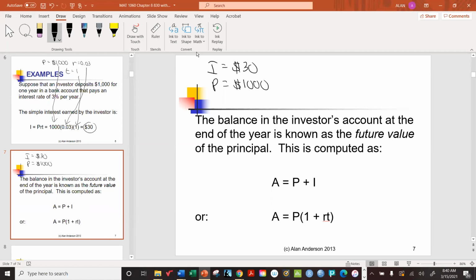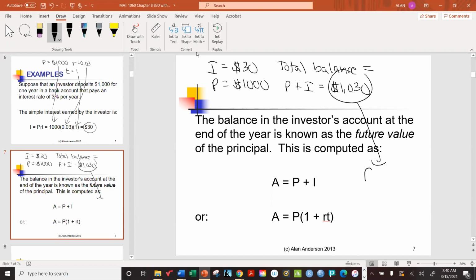That means the total balance in our account equals P plus I equals $1,030. Now, this number is what we mean by future value. All that means is that if we started with $1,000, in a year we'll have 1,030. So the 1,030 is called the future value of $1,000, the starting amount.